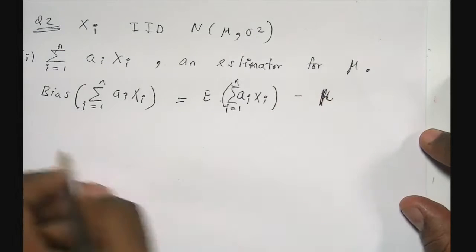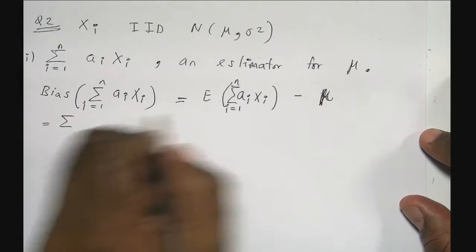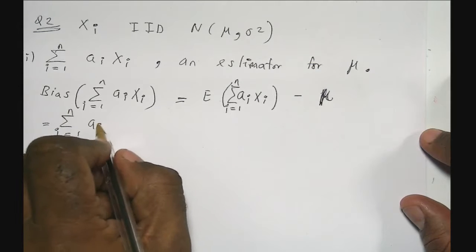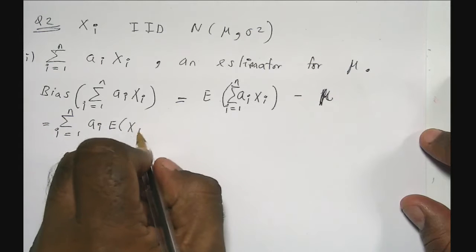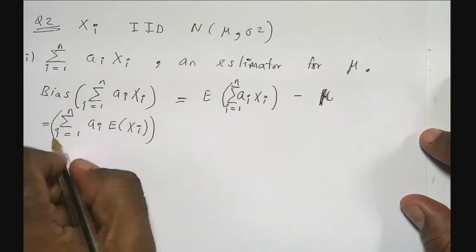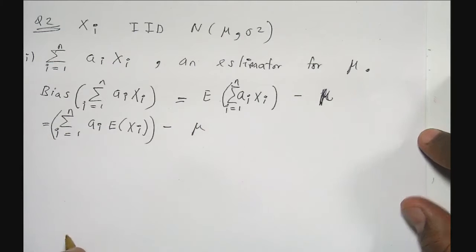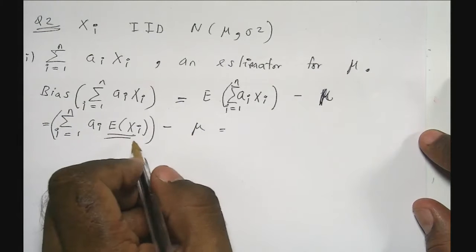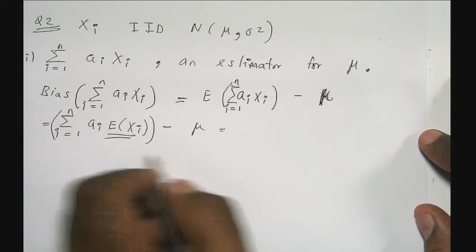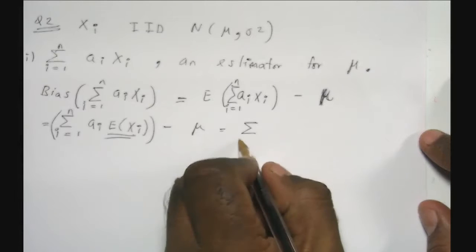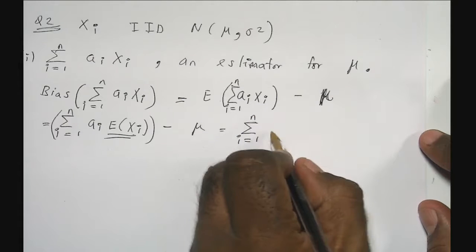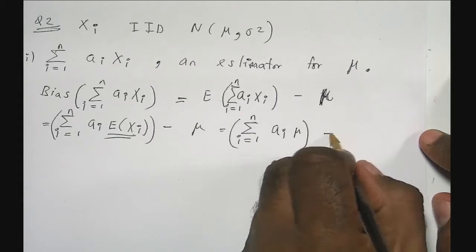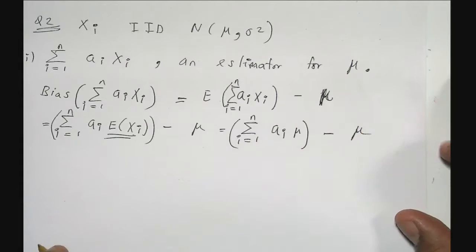Okay. Now if you take the expectation inside, it becomes this, right? Now we know that the expectation of Xi is mu.